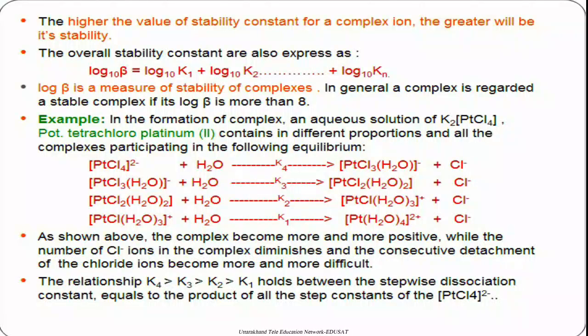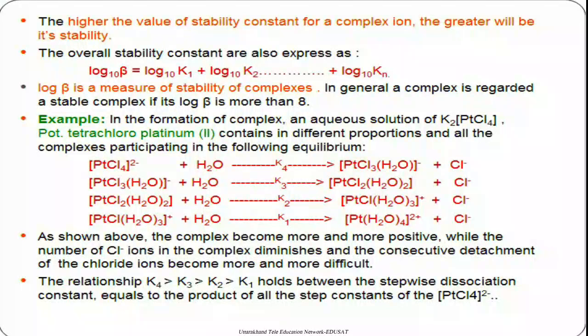Here was negative charge, here it becomes positive, and again chloride ions are replaced. In the next step, you see PtCl(H2O)3 in square brackets with plus charge, and again H2O. Here Pt(H2O)4, the whole molecule becomes positively charged, plus 2, and again the chloride anion is replaced from the inner side.